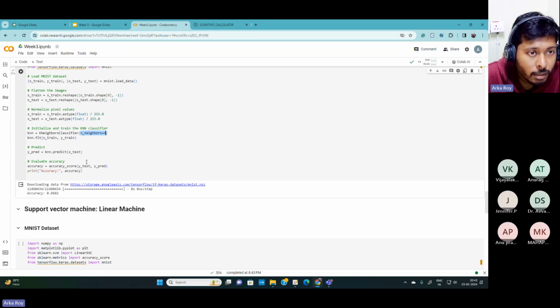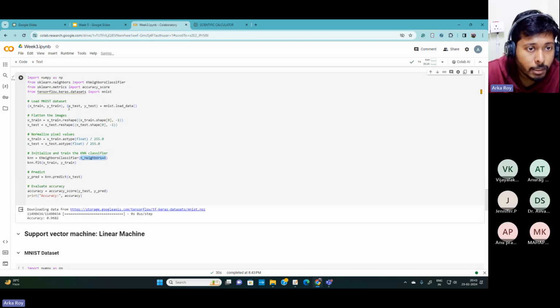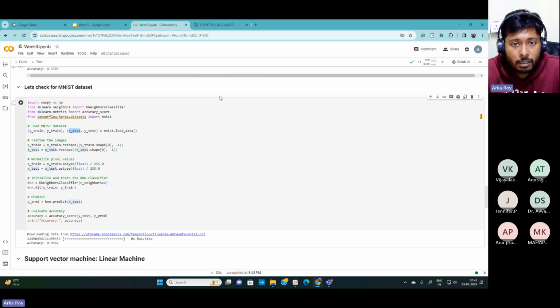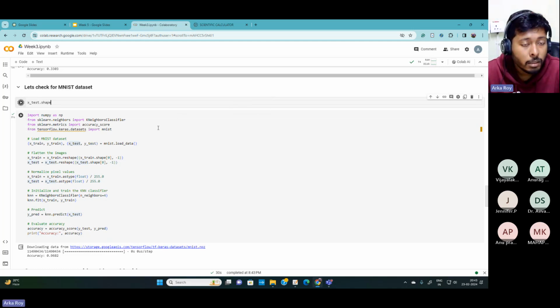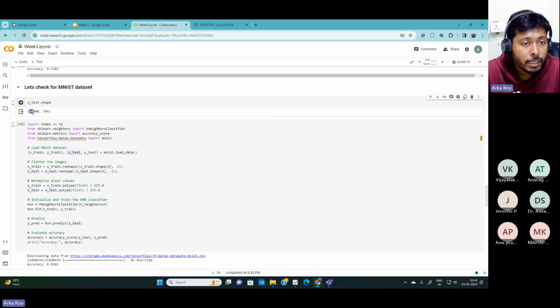Let us first check how many test images are there in case of the MNIST dataset. xtest.shape is 10,000. That means you have 10,000 images again, each with shape 784.